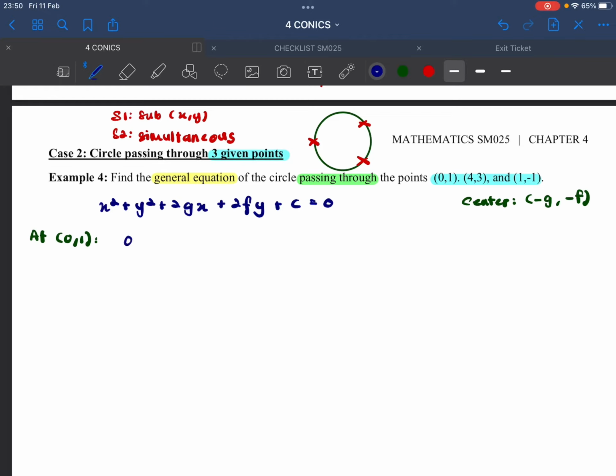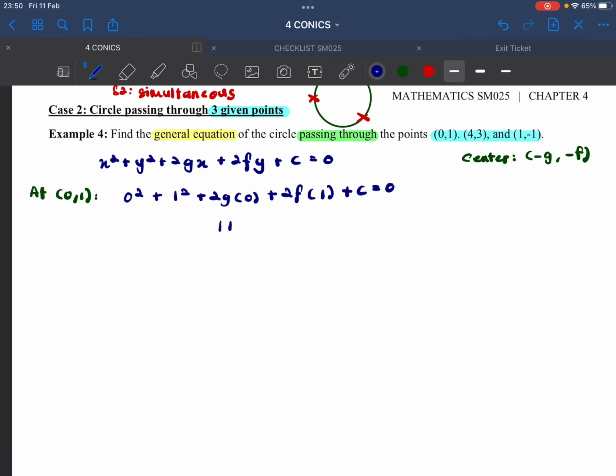So here we have 0 square plus y square, which is 1 square, plus 2g times 0 plus 2f times 1 plus c equals 0. Simplifying that gives us 1 plus 2f plus c equals 0. Let's make c the subject. So c equals -1 minus 2f, and that's going to be our first equation.